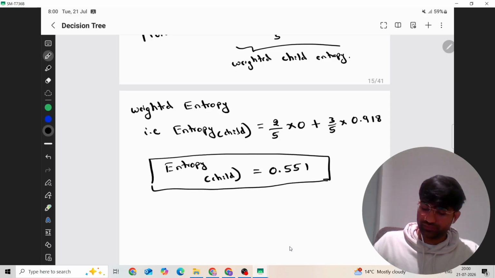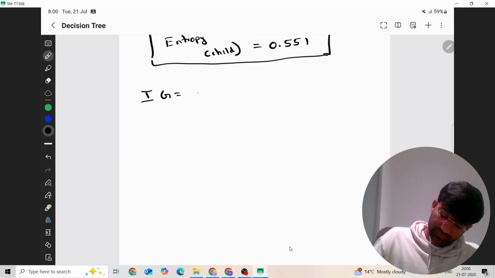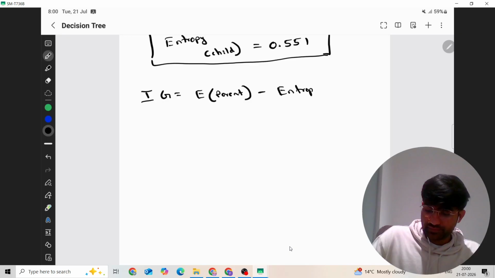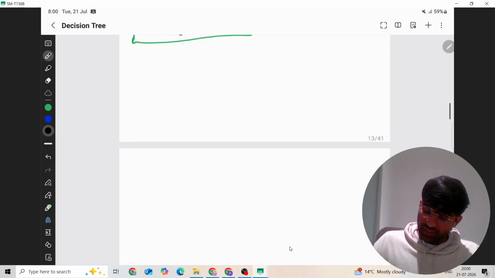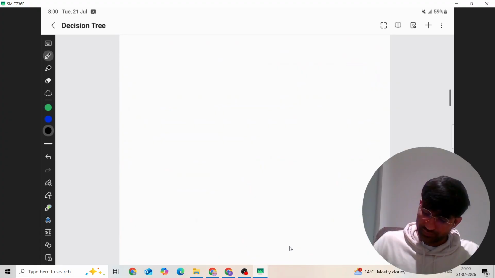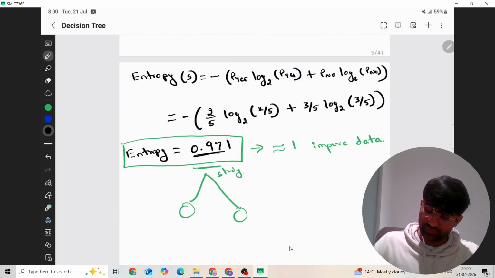So information gain will be entropy of parent minus entropy of child. Our parent entropy was 0.97.